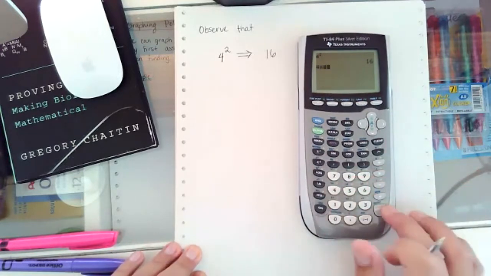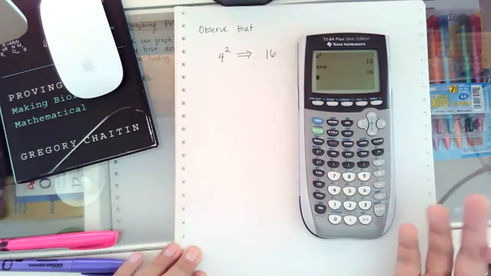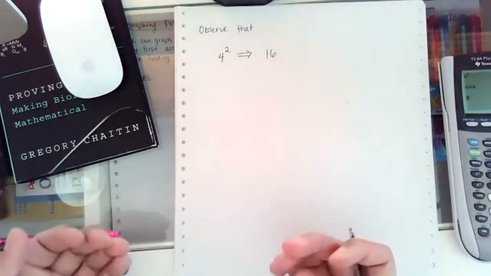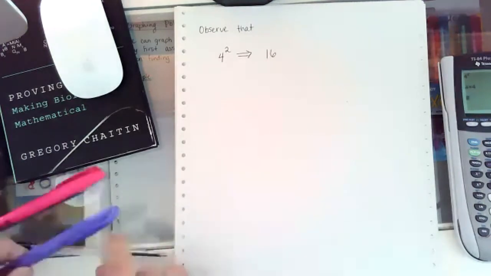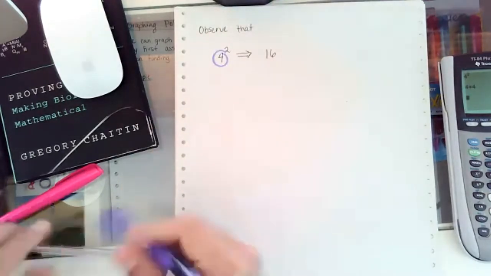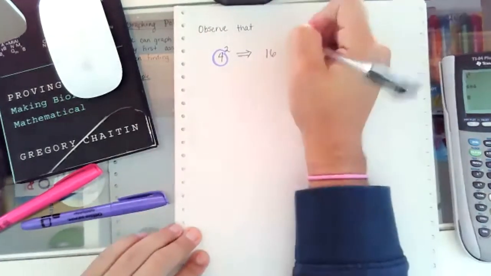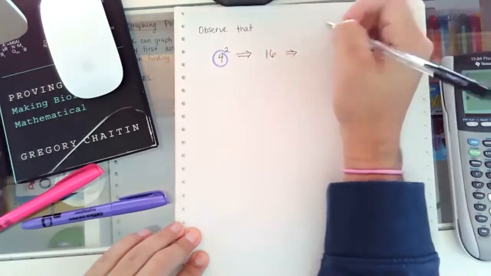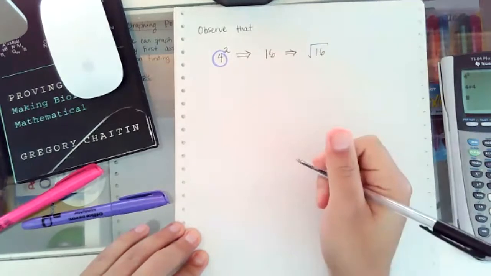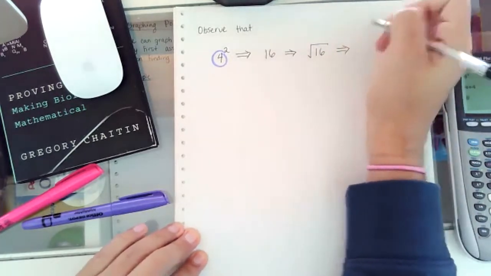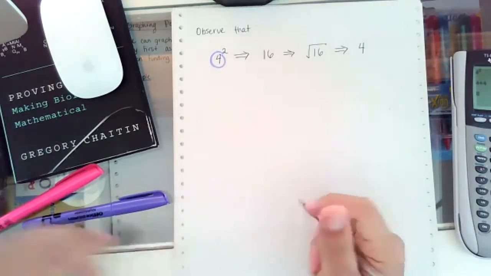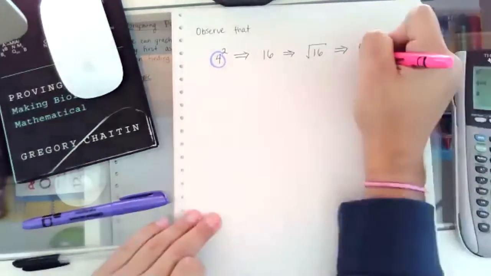It's the same thing as 4 times 4, which is 16. Okay, and we want to do an operation on 16 to get us back to 4. Well, if I just take this 16 and I take the square root of it, then that gives me back 4. So we're sort of back where we started.